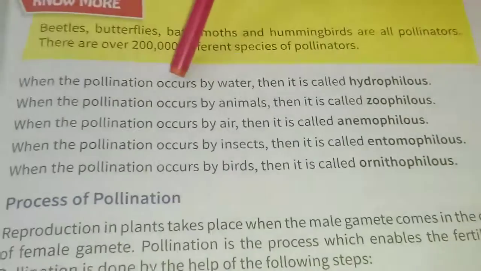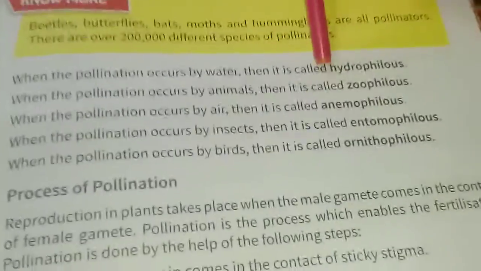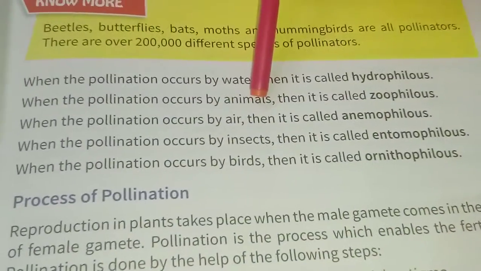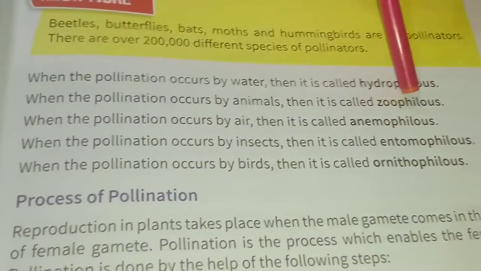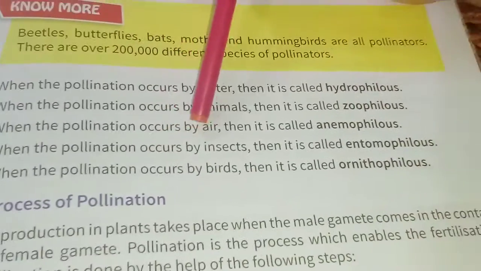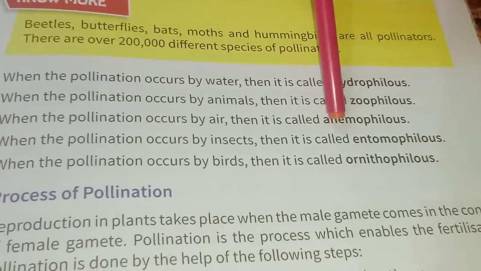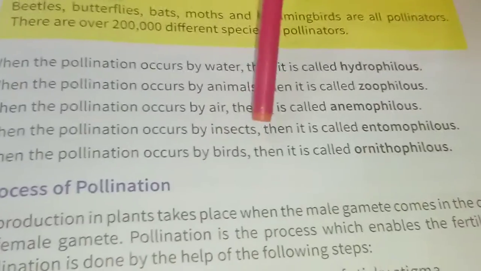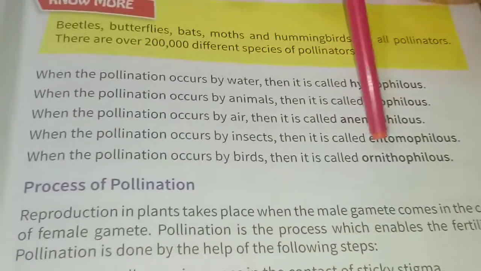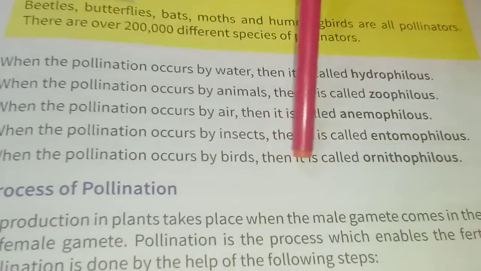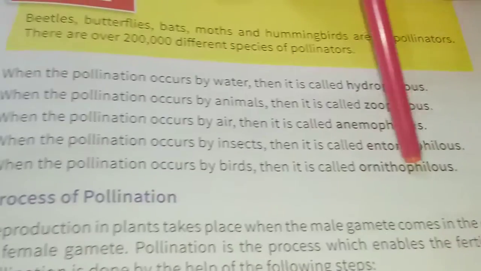When pollination occurs by water, it is called hydrophilous. When pollination occurs by animals, it is called zoophilous. When pollination occurs by air, it is called anemophilous. When pollination occurs by insects, it is called entomophilous. When pollination occurs by birds, it is called ornithophilous.